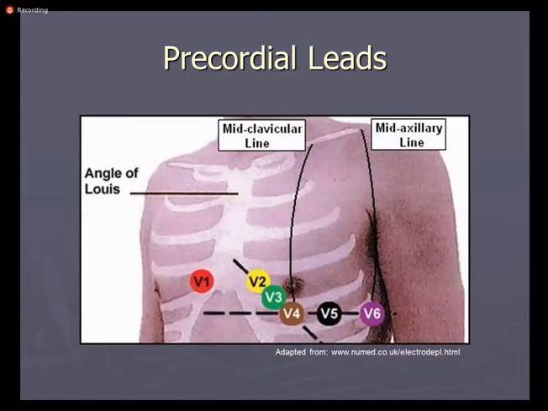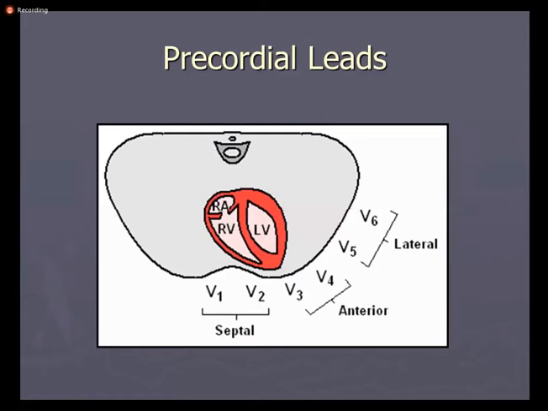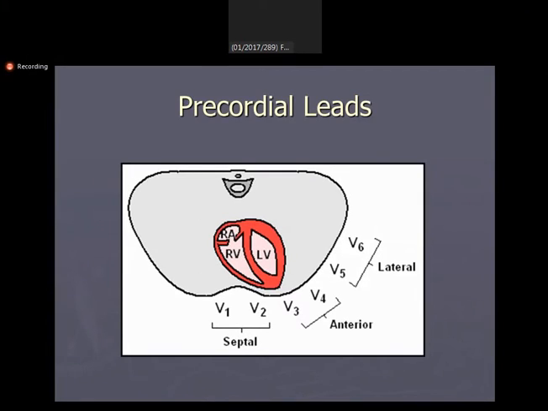Here again you can see a section of the heart. V1 and V2 are generally monitoring the electrical activity of the heart anteriorly, predominantly the septal part of the heart.